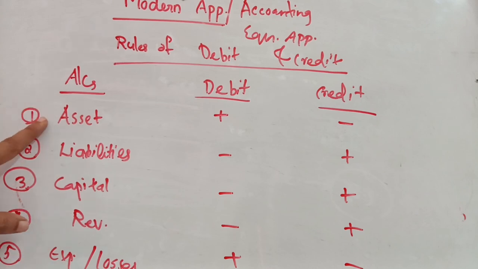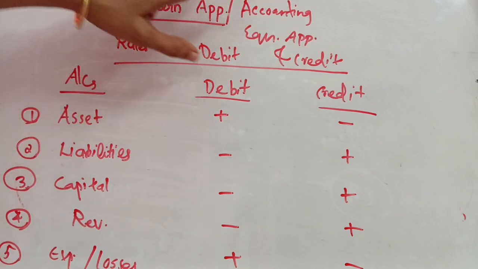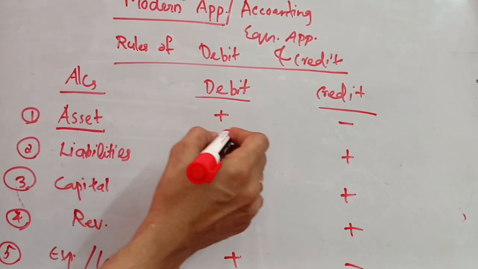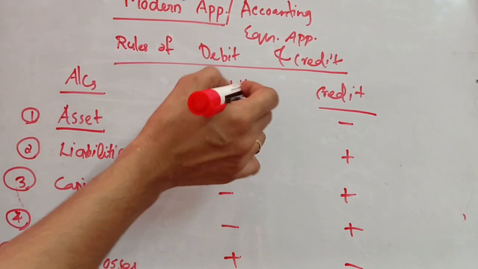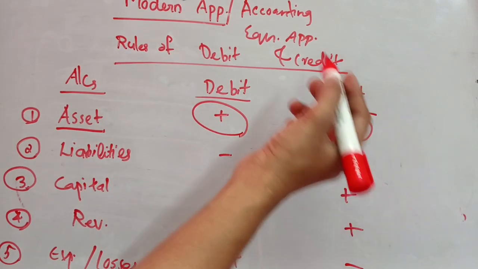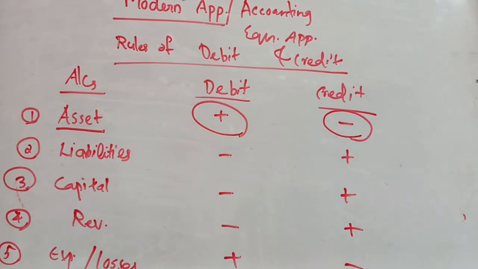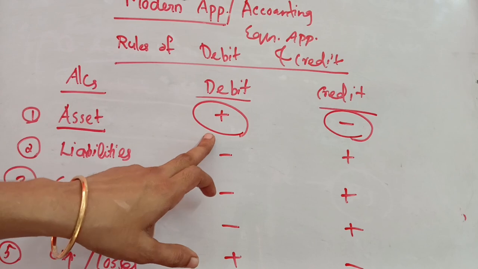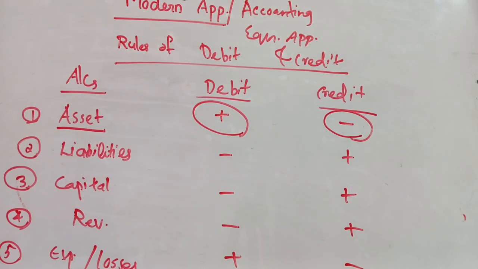Within this, the rule for assets account is that it is debited when the asset increases and credited when the amount of assets decreases. That is, an asset account is debited for the increase and credited for the decrease.